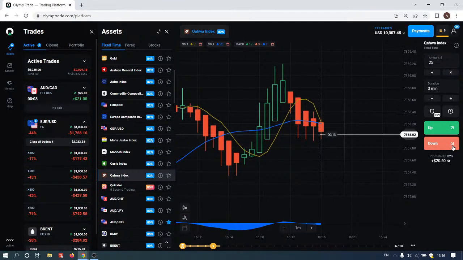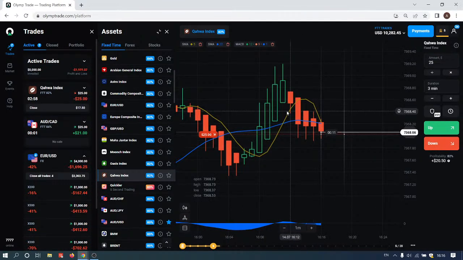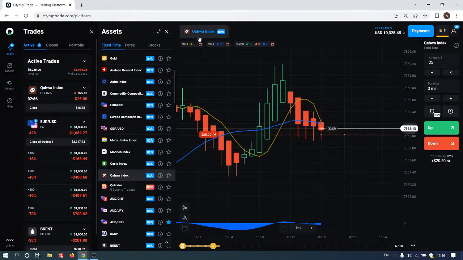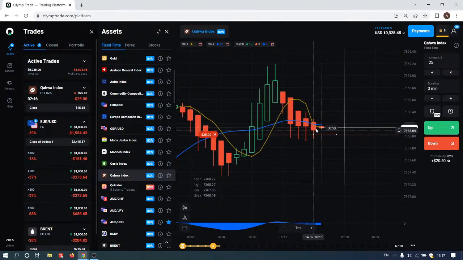Now this is a good signal here on the so-called Kahwa index. Dear traders, I would like to let you know one important thing. We have regional assets, which are only available in certain parts of the globe, and at the same time these assets are available for trading for us, the employees of the company.